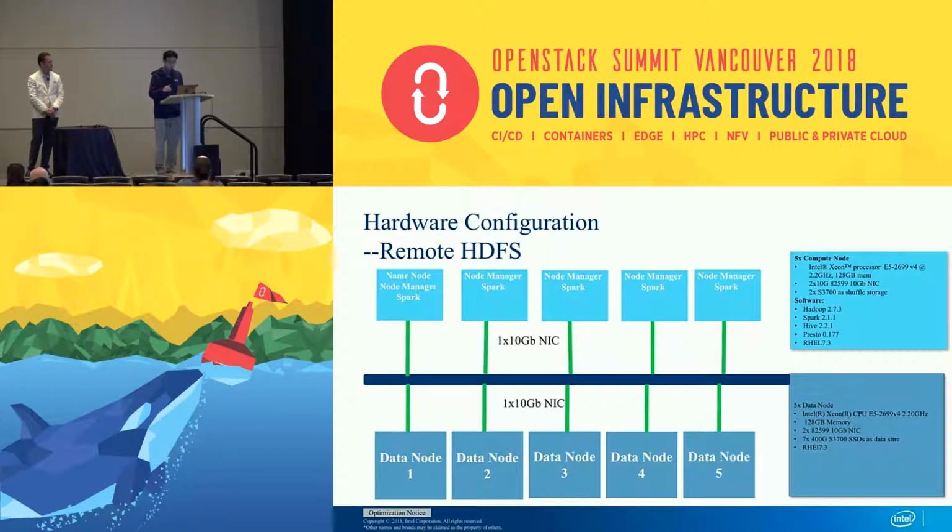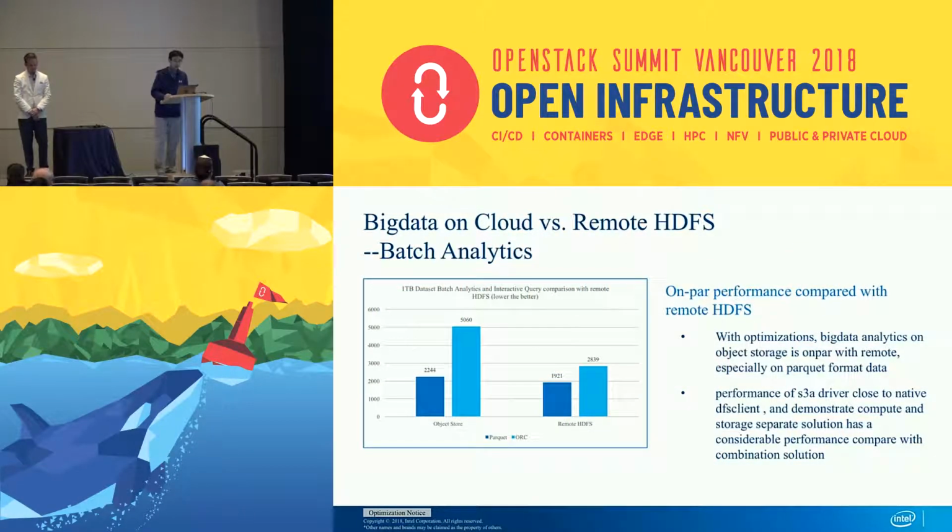Instead, we use 7 SATA SSD as the data device in the storage tier. So this is the final comparison. We can see with Parquet format, Bigdata over Ceph object store is almost similar to Bigdata over remote HDFS.